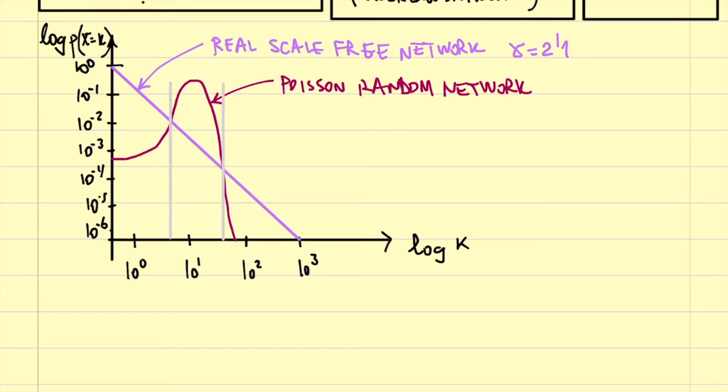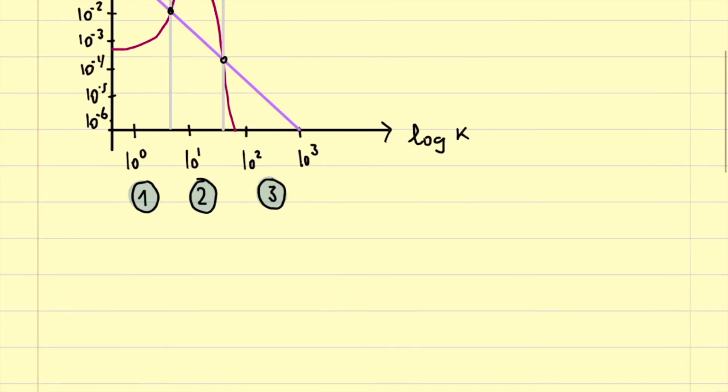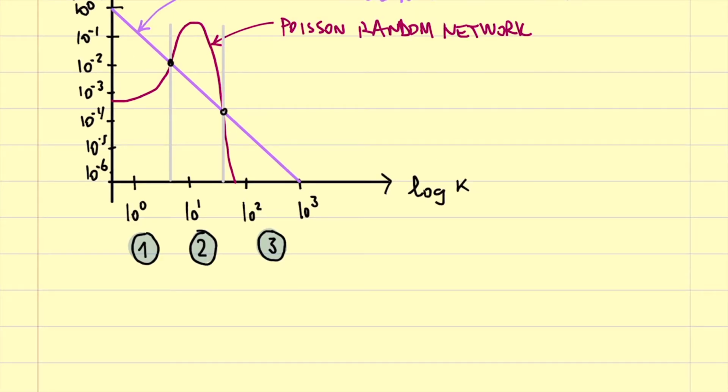First area, second area, and third area, given by the points where these curves cross. And let's try to discuss all 3 of them.